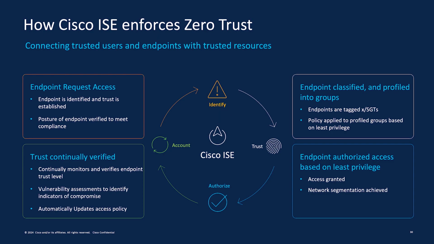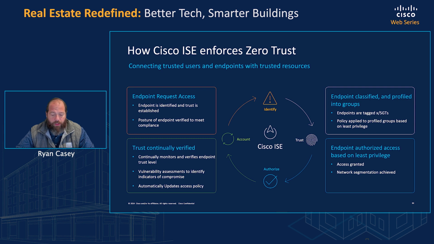With the concept of zero trust, Identity Services Engine is one of the key pillars to be able to deliver that type of secure infrastructure. I'll take you through an example of a device coming on board, and then we can understand more of the full life cycle of zero trust.